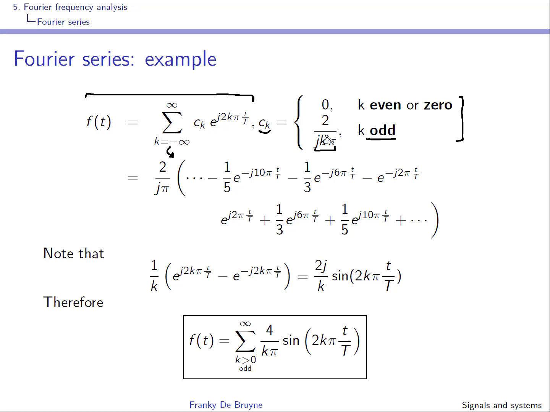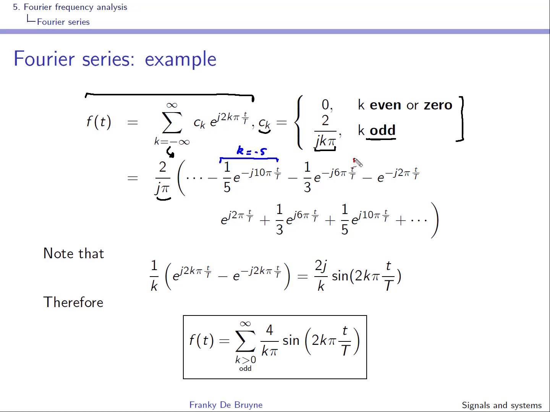You notice here in the ck that there will always be a factor 2 over j pi, so you can put it in front and put two big parentheses, and then you start to consider every k that is odd. What you'll have here is the term corresponding to k equal to minus 5.